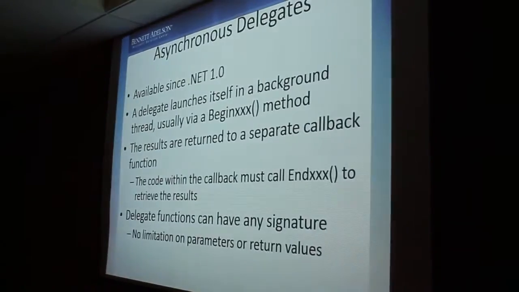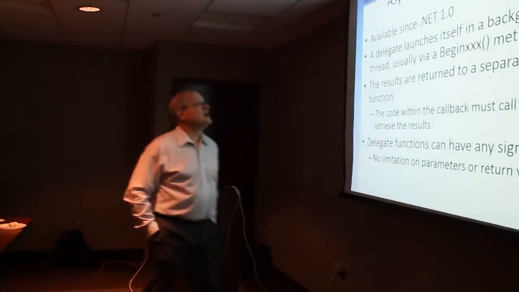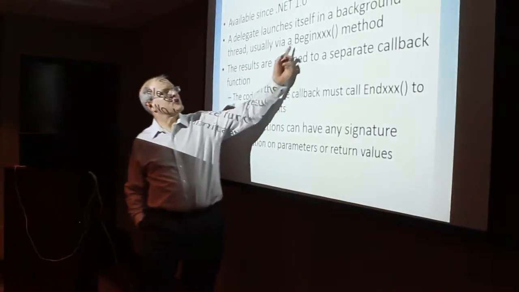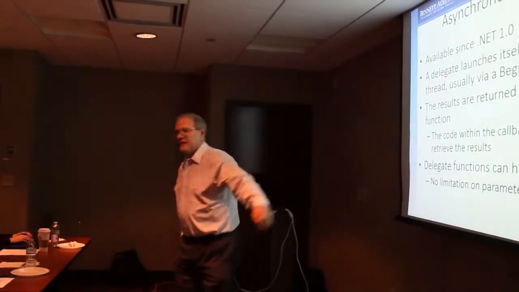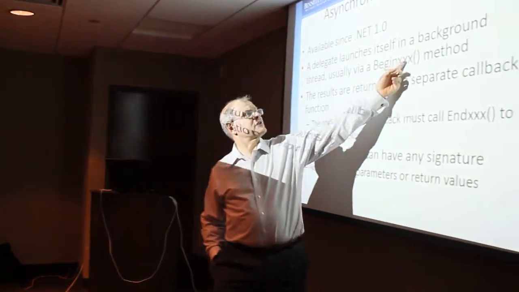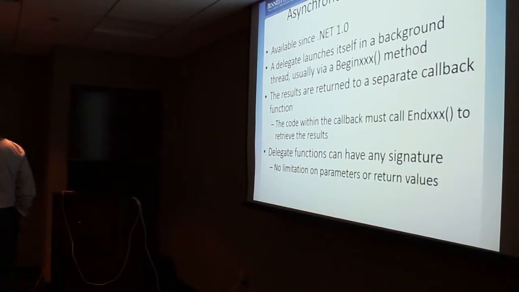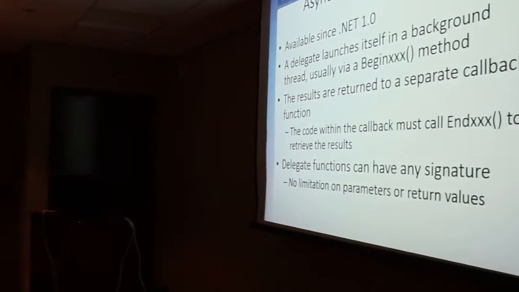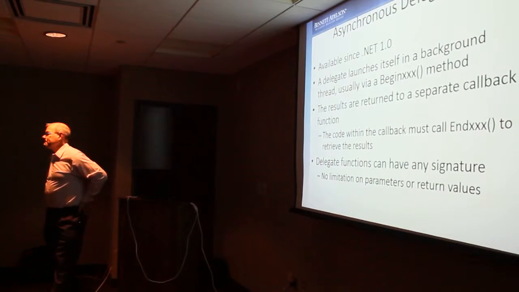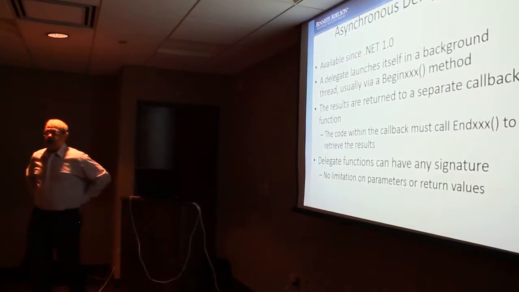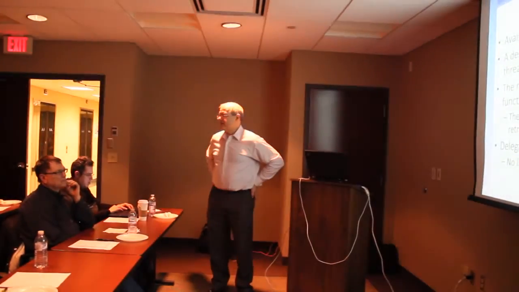And the asynchronous version you could always recognize, or you're supposed to be able to always recognize, because the name of an asynchronous version of something is always supposed to start with begin, followed by whatever the synchronous version would have been called. Okay, and then there's always a companion method to go with it called end, and the same thing. You always need to start things off by calling begin, and you always need to finish things off by calling end.